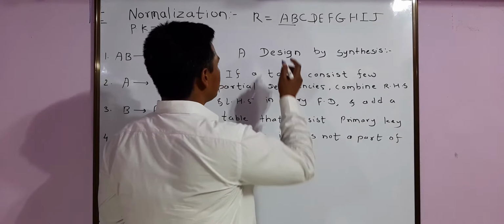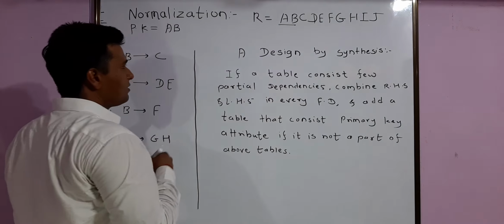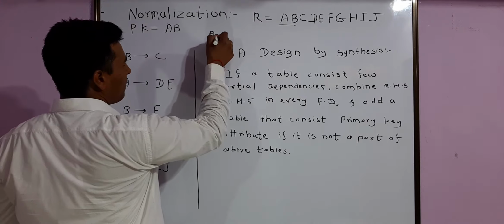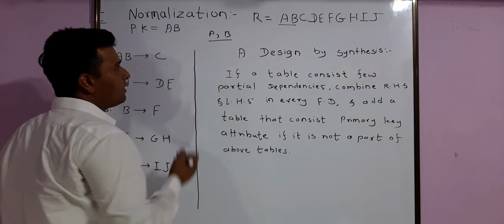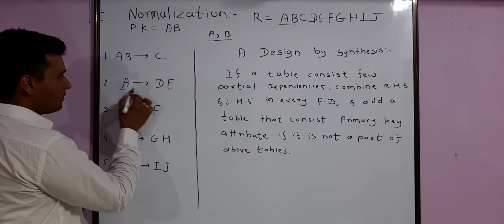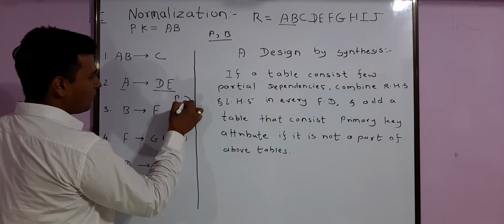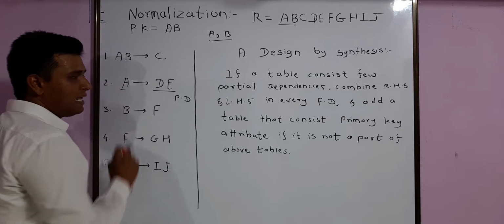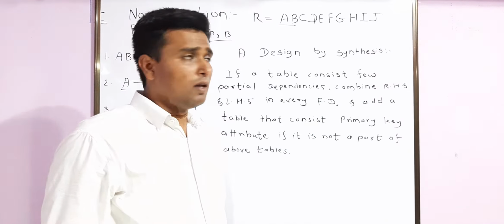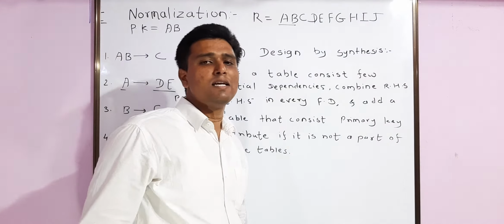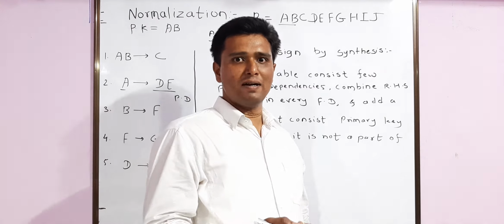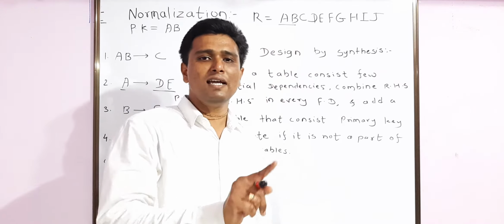If A, which is part of the key, determines non-key attributes, for example A determines DE, then partial dependency exists, because A is part of the key and D and E are non-key attributes. When there is a partial dependency, the table is not in 2NF, it is in 1NF. If there is no partial dependency, then the relation is in 2NF.